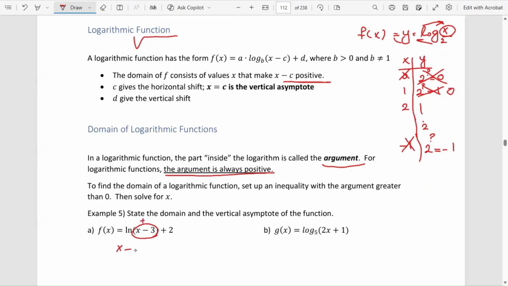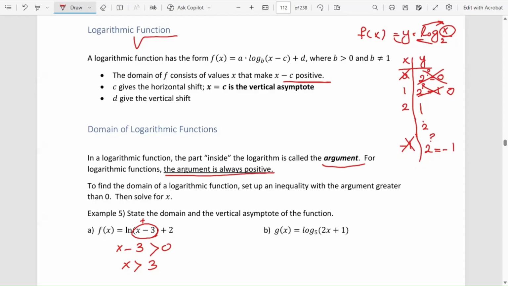What does it mean? x minus 3 must be positive. That means it must be greater than 0, because positive numbers are all greater than 0. And then isolate x by adding 3 to both sides. So you say that x must be greater than 3. You are only able to replace numbers for x that are greater than 3.